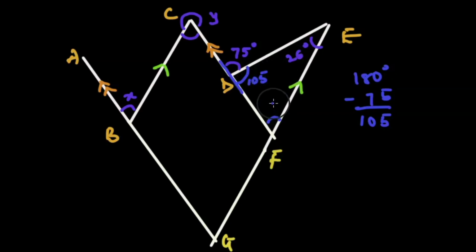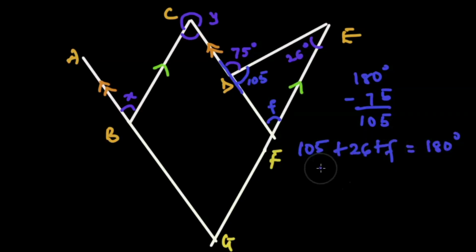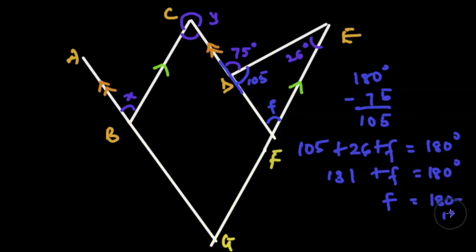So if I call this angle F, that means the sum of these angles, 105 plus 26 plus F, must give me 180 degrees. So 105 plus 26 would give me 131, plus F equals 180 degrees. And angle F will be 180 minus 131, and that will be 49 degrees. So angle F is 49 degrees.